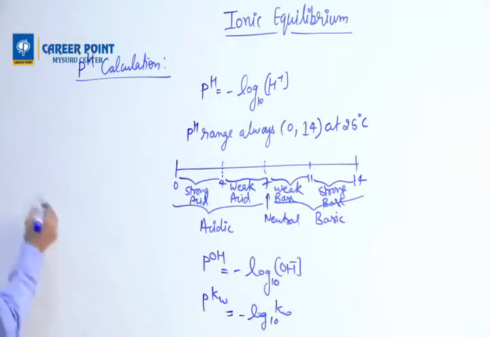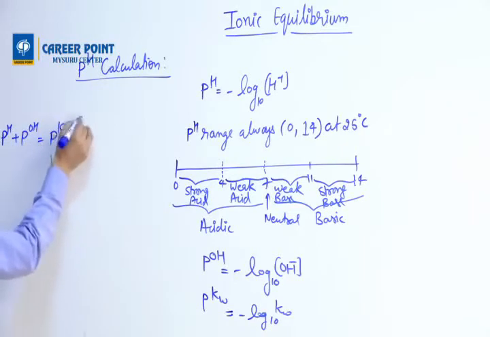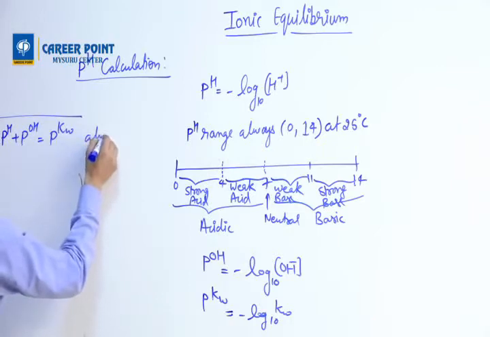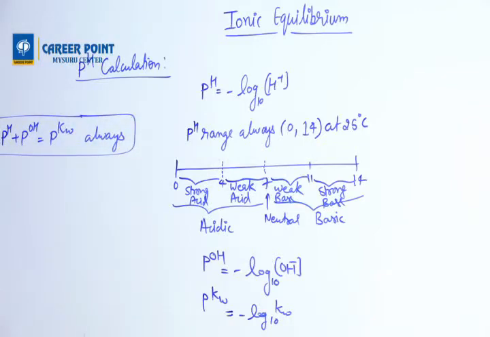Now, the next point here is pH plus pOH is equal to pKw. This is true always. Okay. pH plus pOH equals pKw.